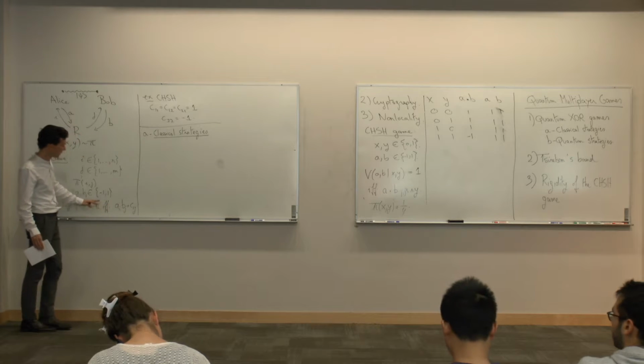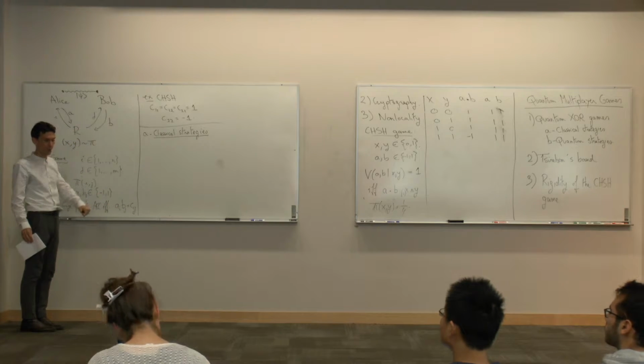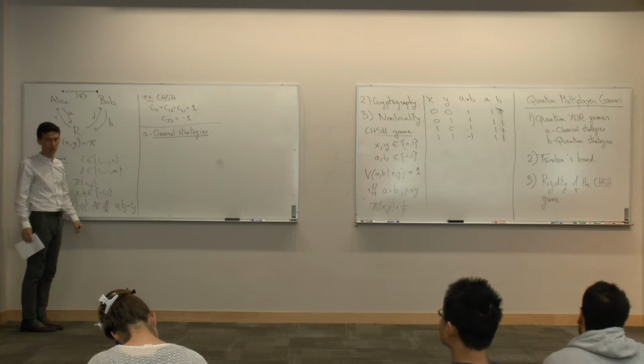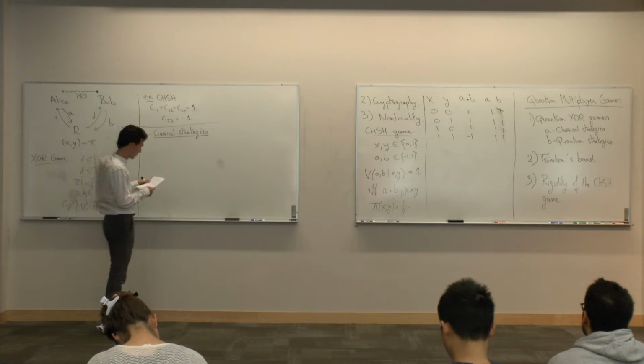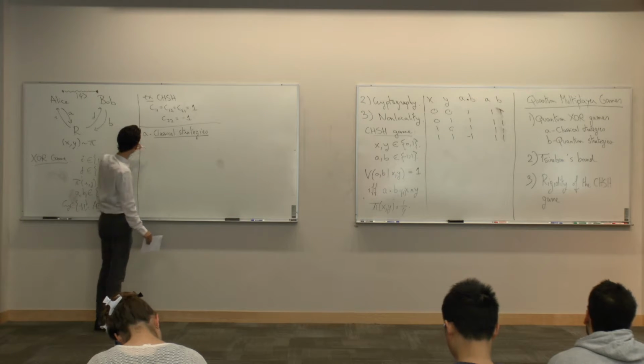The strategy is that Alice needs to assign a value to each possible question she can be asked, and Bob needs to assign an answer to each possible question he can be asked, and that's their strategy. The maximum success probability of a strategy in the game, I'm going to call the value of the game.